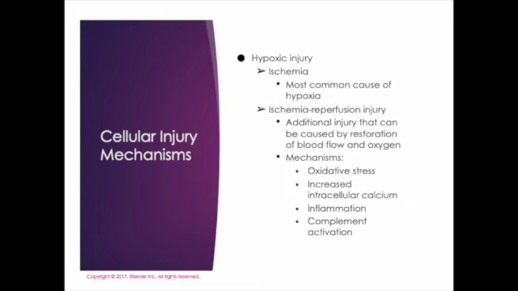So let's define ischemia. Ischemia is an inadequate blood supply to an organ or a part of our body, especially our heart muscles. It's the most common cause of hypoxia. When we think of ischemia, think of reduced blood supply. If gradual, then adaptation can occur.